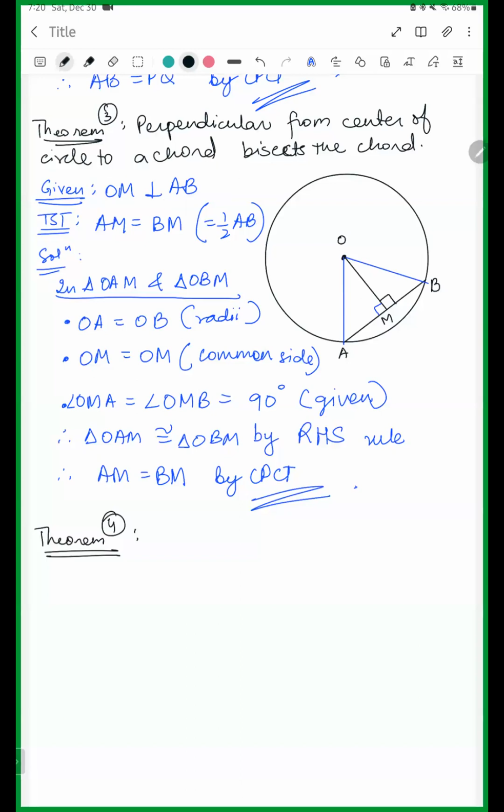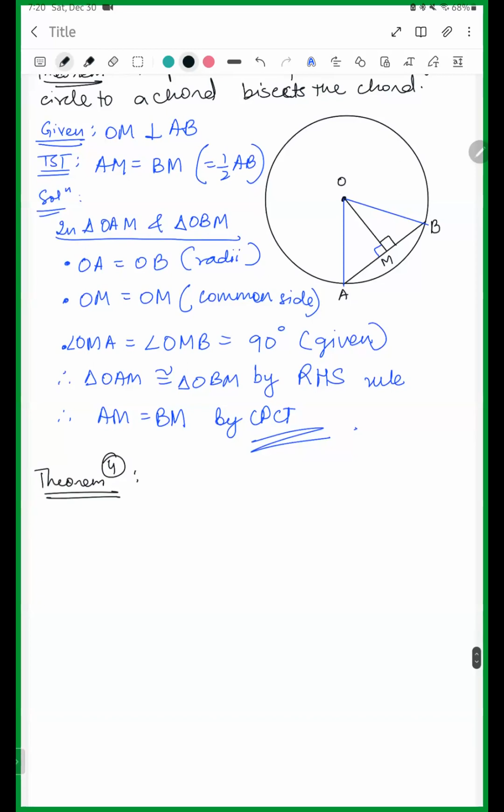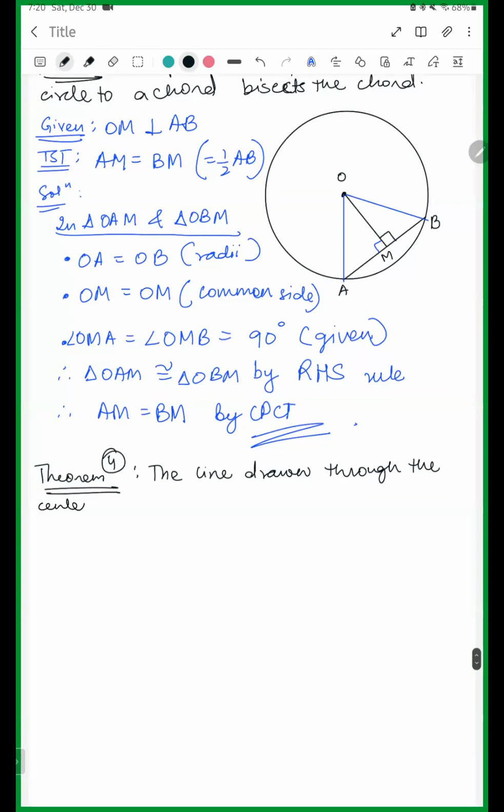So let's write it. The line drawn through the center of a circle to bisect a chord is perpendicular to the chord. Okay.